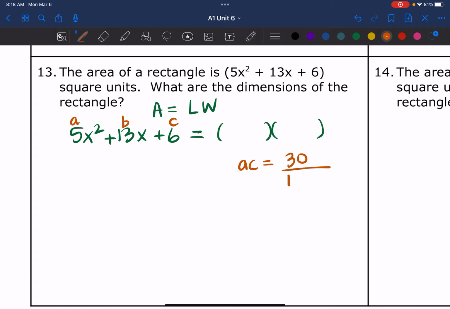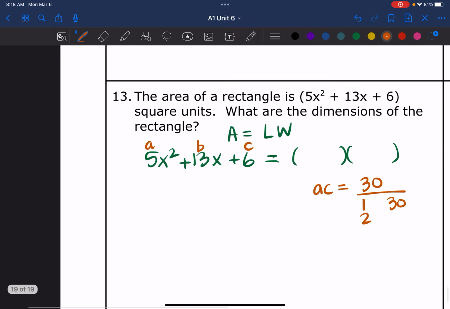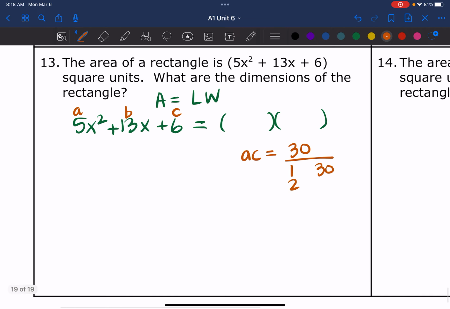So we can do 1 times 30, 2 times 15, 3 times 10, or 5 times 6. The way we know which one to pick is it needs to equal what B is here. It needs to equal positive 13. So when we add, that's going to be this third option. That's the one that equals 13.